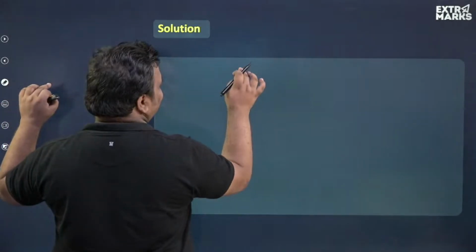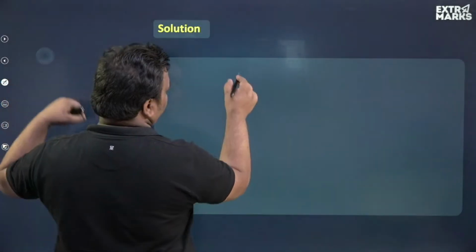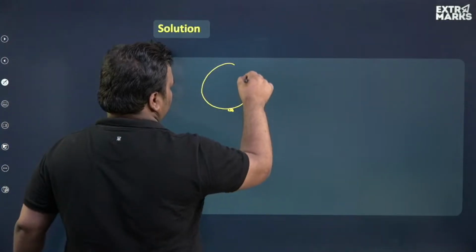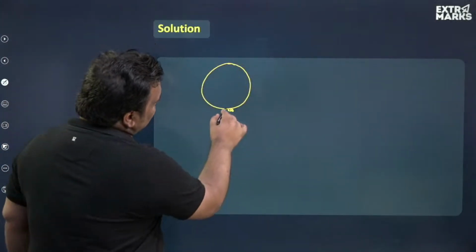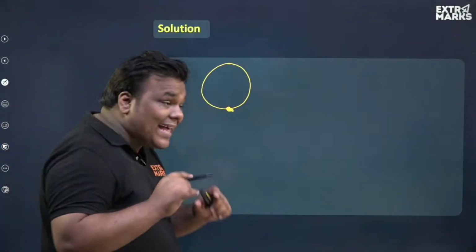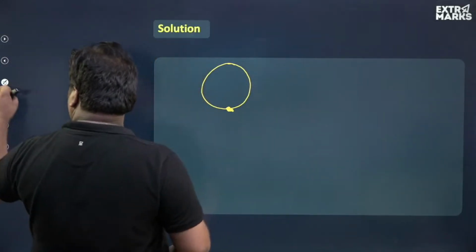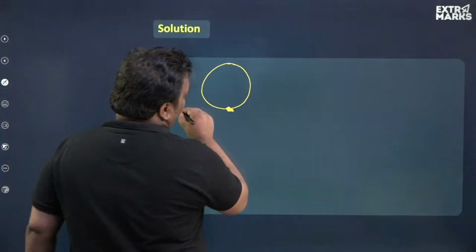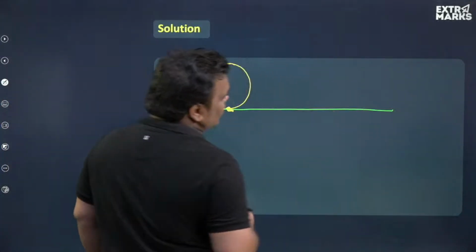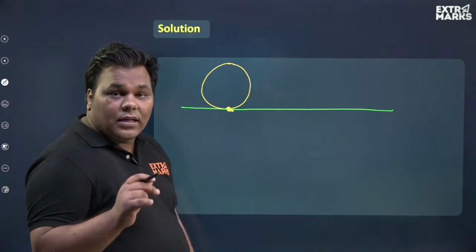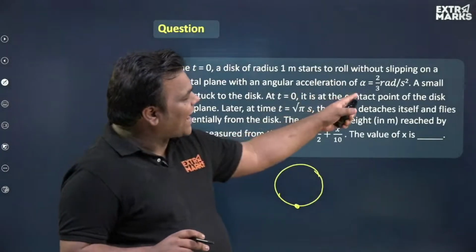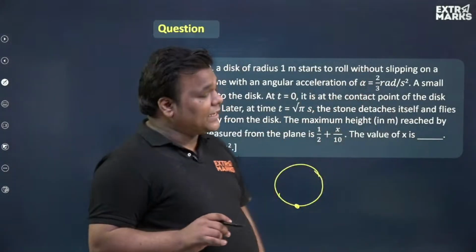Let's recreate the disk in a better way. We have a disk, there is a stone at the bottom point, and this disk starts rotating on a horizontal platform. So we need to create a horizontal platform also. The alpha of the disk is given as 2/3 radian per second square.